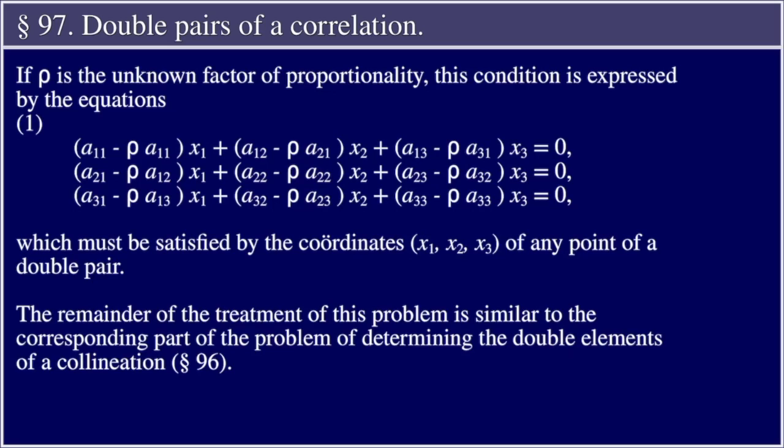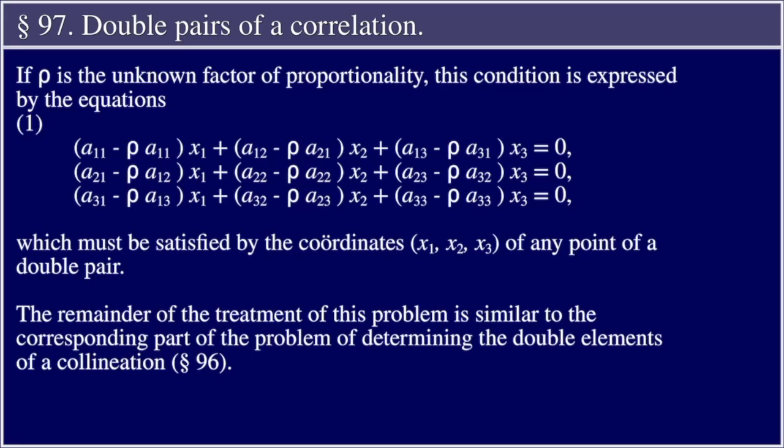The quantity (a11 − ρa11) times x1 plus the quantity (a12 − ρa21) times x2 plus the quantity (a13 − ρa31) times x3 equals 0. The quantity (a21 − ρa12) times x1 plus the quantity (a22 − ρa22) times x2 plus the quantity (a23 − ρa32) times x3 equals 0.